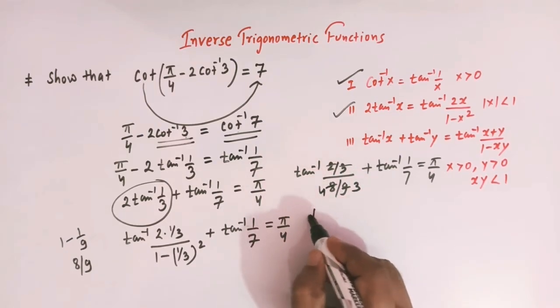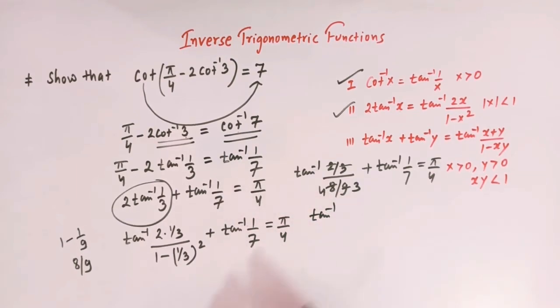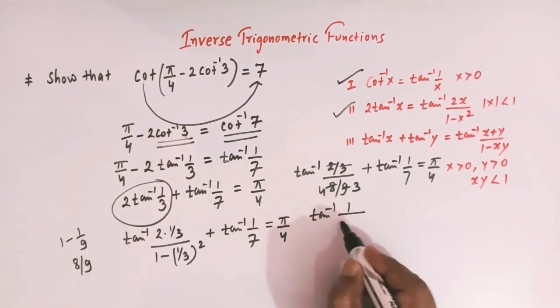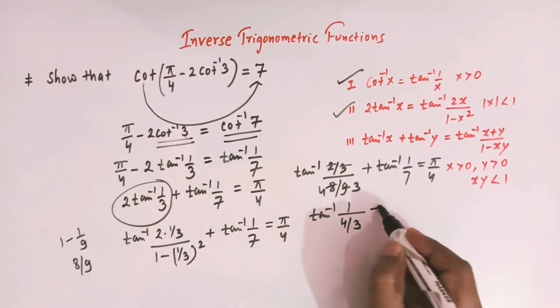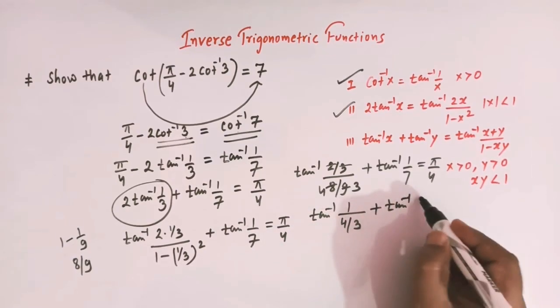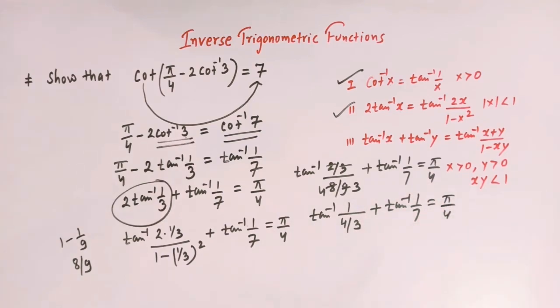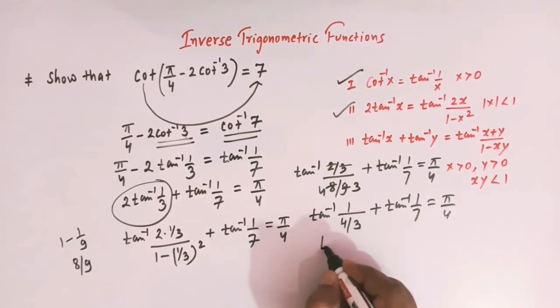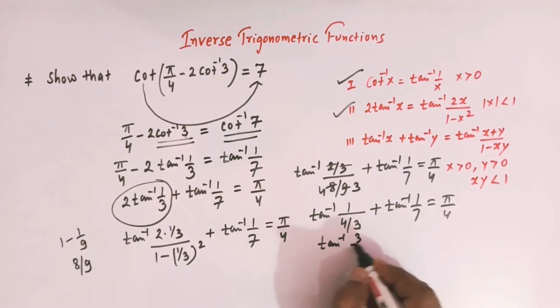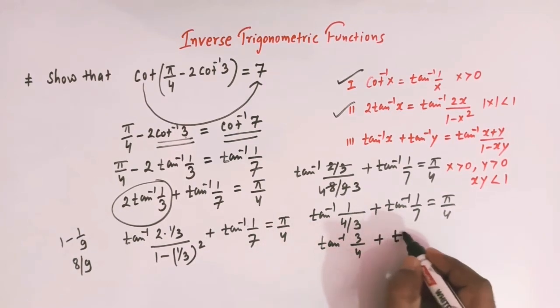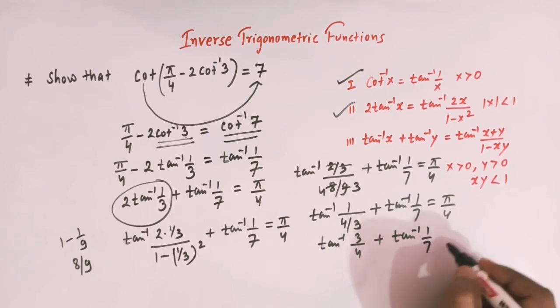So we have tan⁻¹ of 1/(4/3) plus tan⁻¹(1/7) equal to pi/4. Now we can write it as tan⁻¹(3/4) + tan⁻¹(1/7) = pi/4.